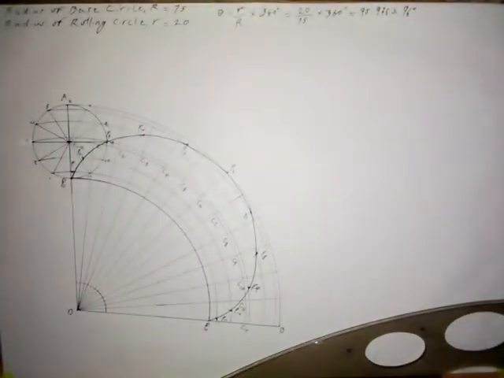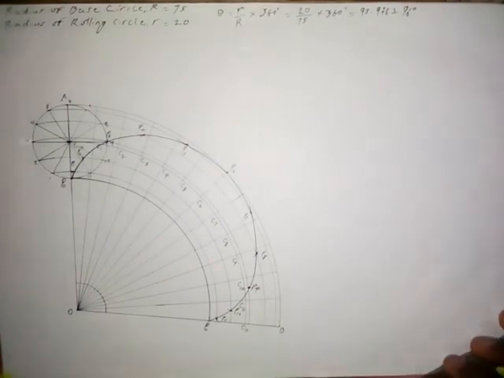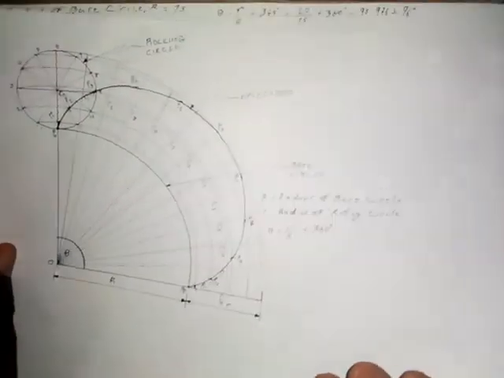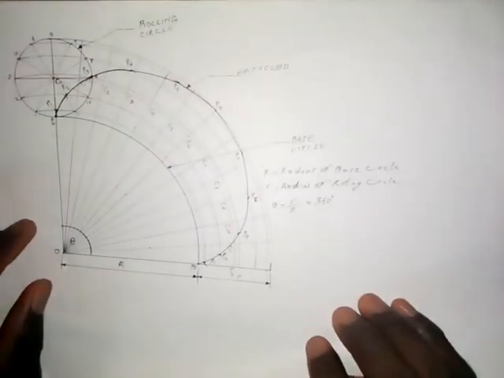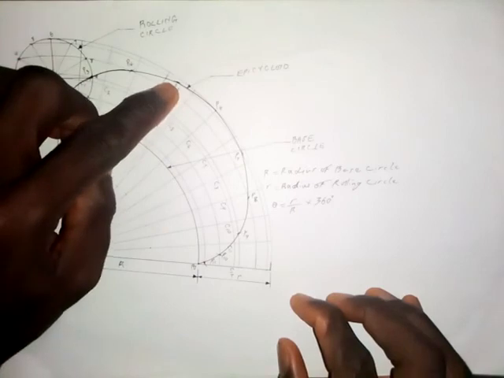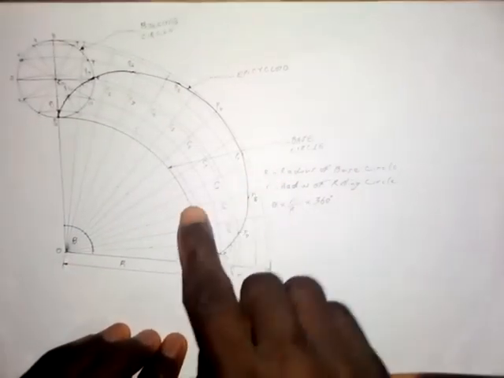If I label each point, I'm going to have something like this. This is what I will get. This is the rolling circle, this is the epicycloid, and this is the base circle.